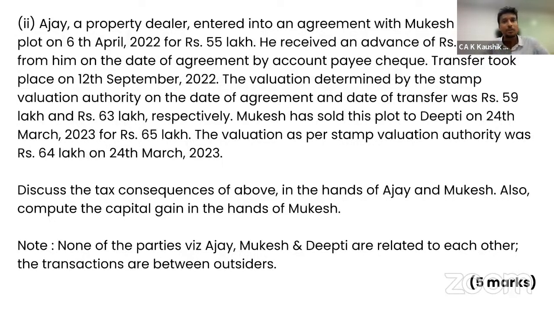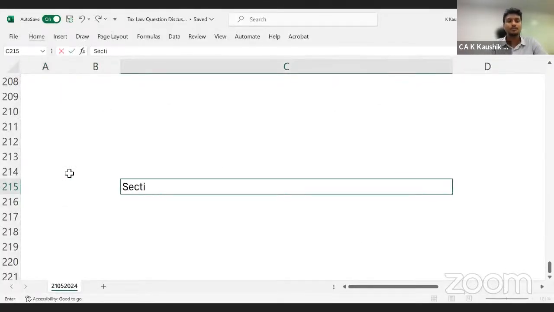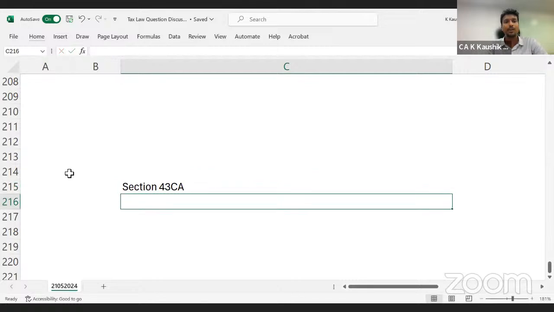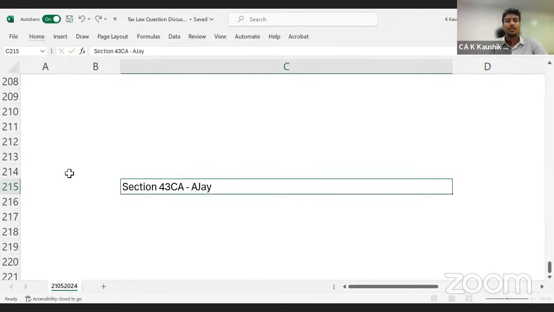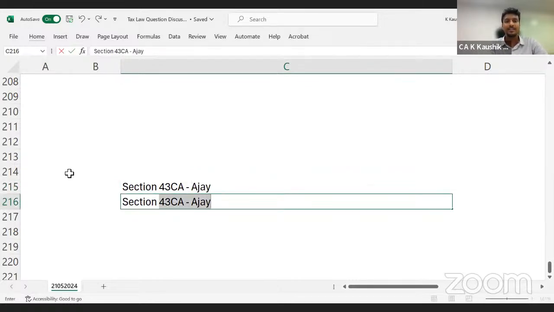And they've given information that none of the parties, that is Ajay, Mukesh, and Deepti, are related to each other. The transactions are between outsiders. So we'll have to see different provisions here. Section 43CA will come into picture in the hands of Ajay. And section 50C will come into picture in case of Mukesh.